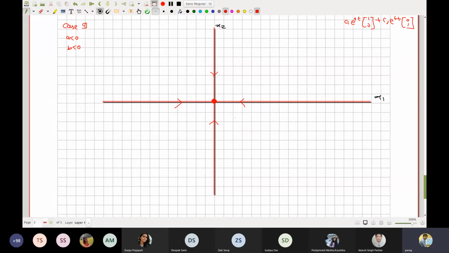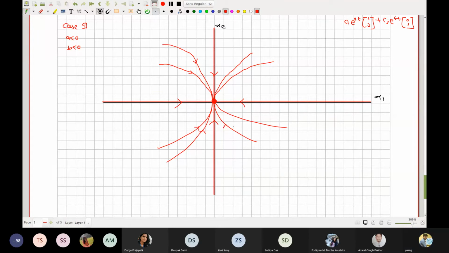Now what will happen when you are in one of these quadrants? There are two possibilities. One possibility is like this. Let me draw the arrows. The arrows would look like this: coming in, coming in, coming in.